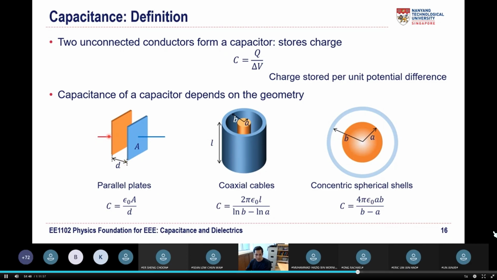If you apply, let's say, positive voltage here and negative voltage here, then of course you're going to accumulate net positive charge on this side, and net negative charge on this side, and then there's going to be an electric field across it.